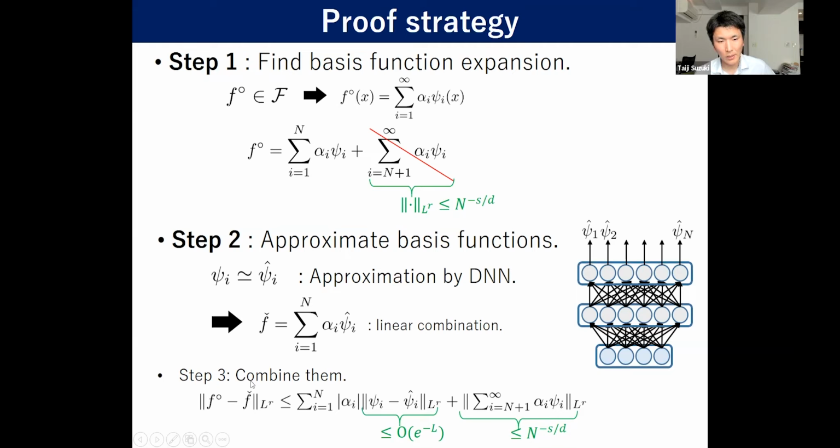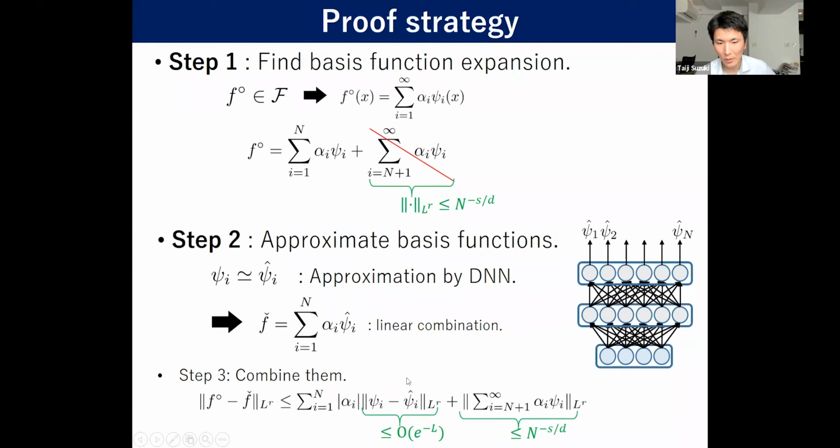Okay, so then combining these two evaluations, we have this approximation error bound. The first term is coming from this approximation error, and basically this approximation error can be bounded by exponential in minus depth. So if the depth is very large, then this approximation error becomes very small.